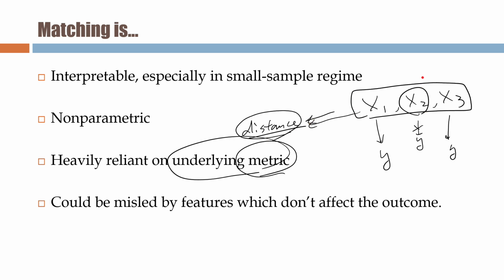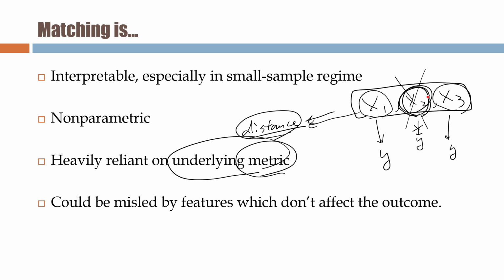Actually we should take out x2. So x1 and x3 are pretty similar, then we should have that one as our counterfactor. But because x2 is a lot different, we consider that one far away. So we are choosing the wrong counterfactor. That's possible because of x2, even though x2 doesn't affect y.